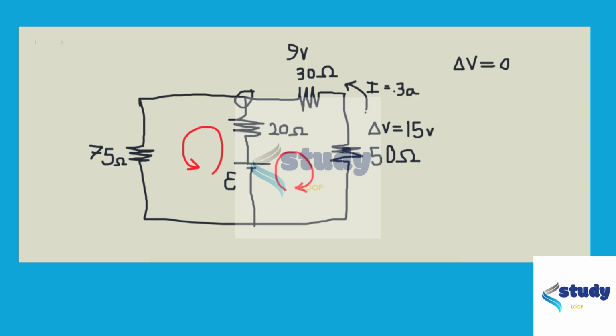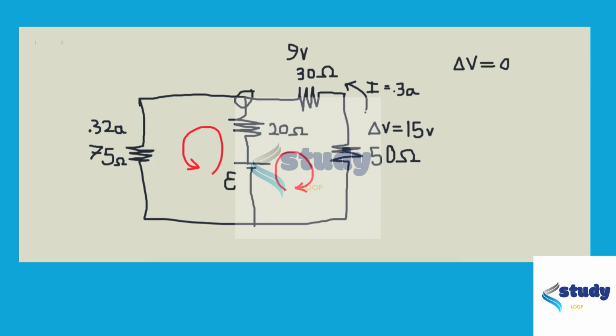So we can use Ohm's law to find the current through this 75 ohm resistor. I'm not going to go into that, but it is, let's see, where did I write this? 0.32 amps. So the I here is 0.32 amps.